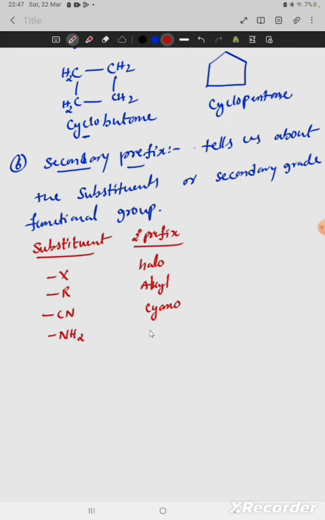NH2 group is amino. NO2 is nitro. NO is nitroso. CO is oxo or keto.